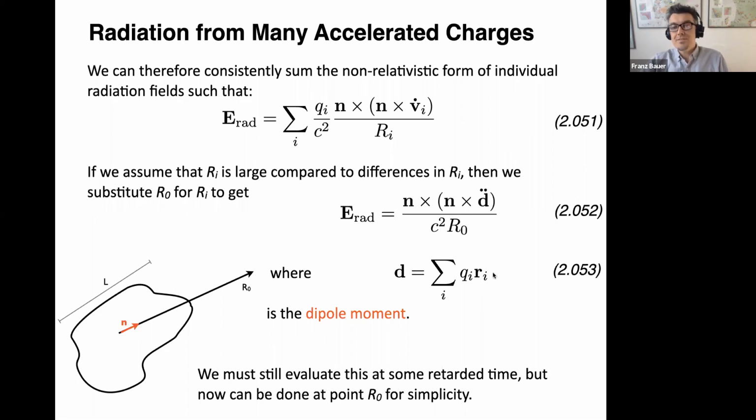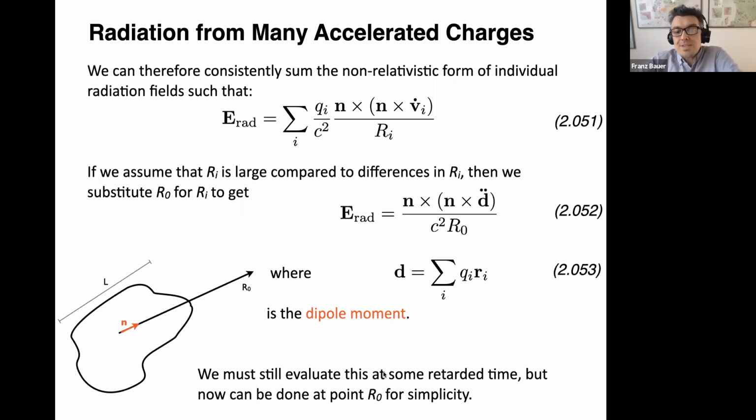And that is just the double derivative of this, which is an acceleration. So it's a charge times the acceleration. And so what we're doing here is just taking the cross product of the unit vector with the acceleration, and the charge moves out here, and then the cross product of that. And then we're dividing by this constant, which is the total distance here. And so this is equivalent to this, right? So here's the charge, here's the acceleration. All we've really done is just compact this down and turn this into a sort of local acceleration.